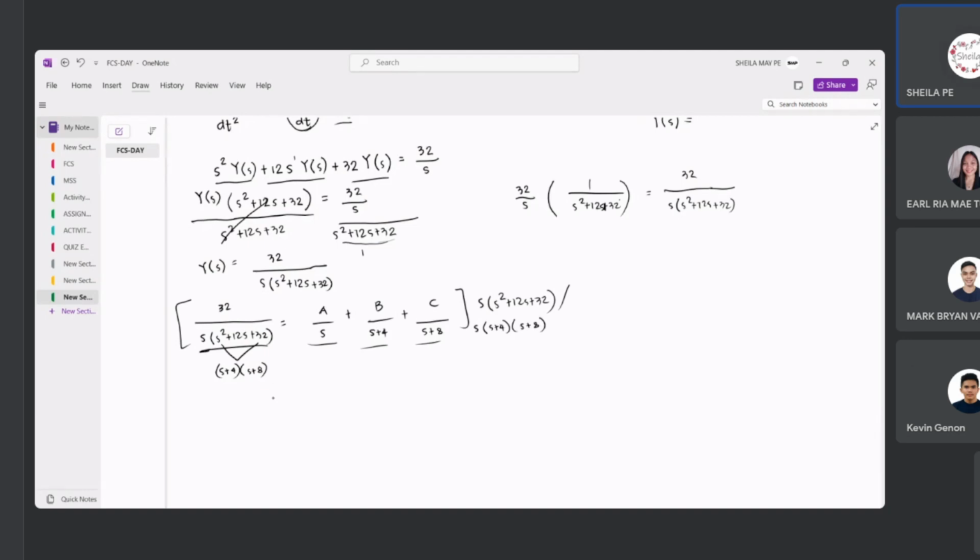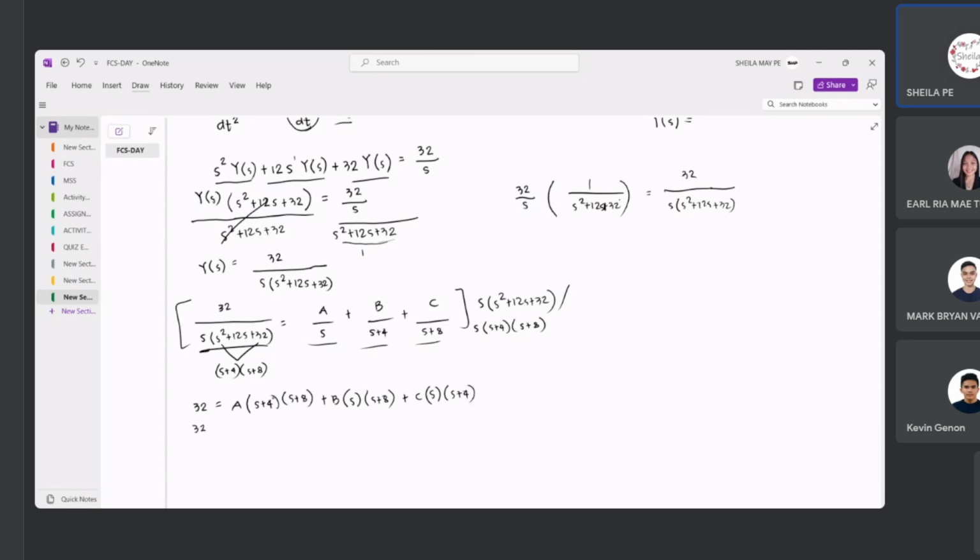The denominator of A is s, so what remains is s plus 4, s plus 8, plus B. The denominator of B is s plus 4, so that's s, s plus 8. The denominator of C is s plus 8, so basically s and s plus 4.